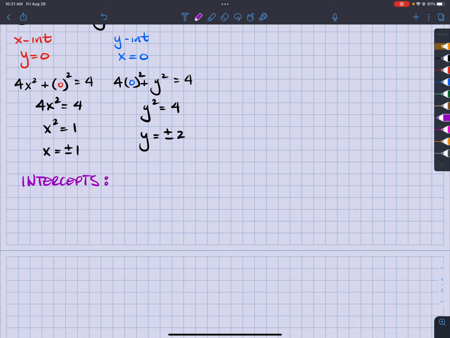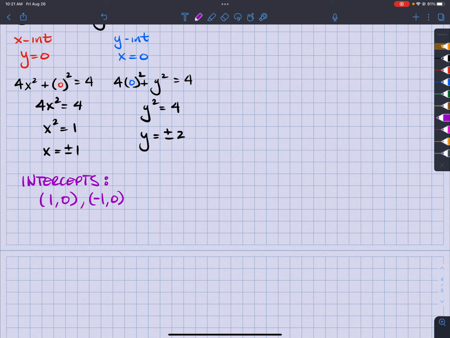So I have 1, 0, and negative 1, 0. Over here, my x is going to be 0, while my y is going to be plus or minus 2.